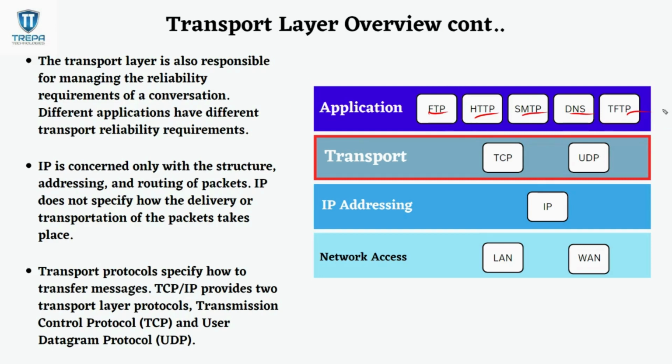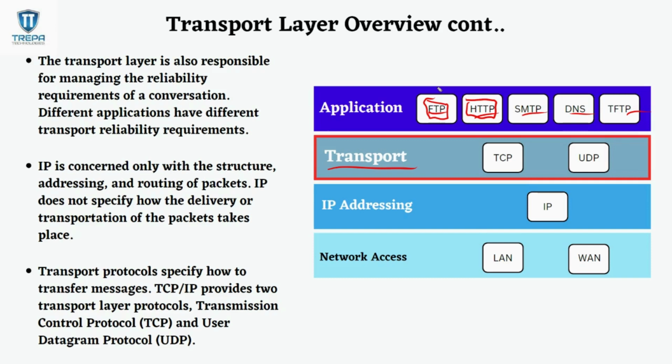And what that means is that if you're opening up a web page, you want to make sure that you get every single bit of that web page that that web server is hosting. You don't want to miss information. So we'll need a transport layer protocol that ensures we get every single bit of data. If we're downloading a file via FTP, we don't want to have missing bits. We want to make sure we have something reliable, okay?